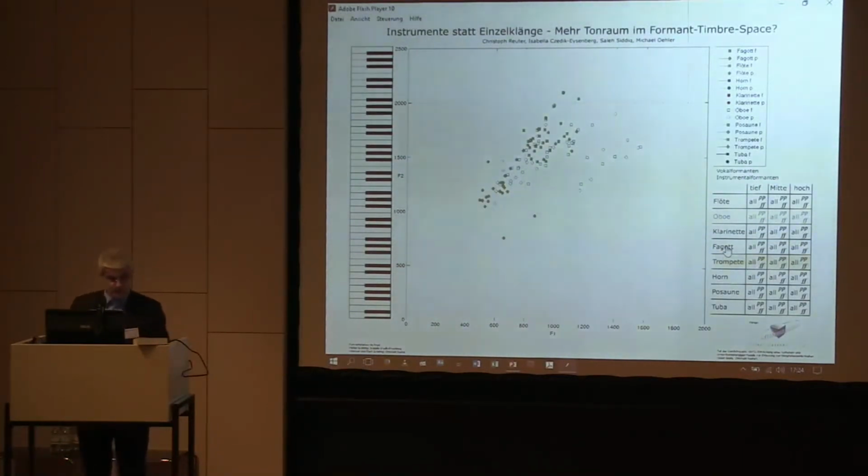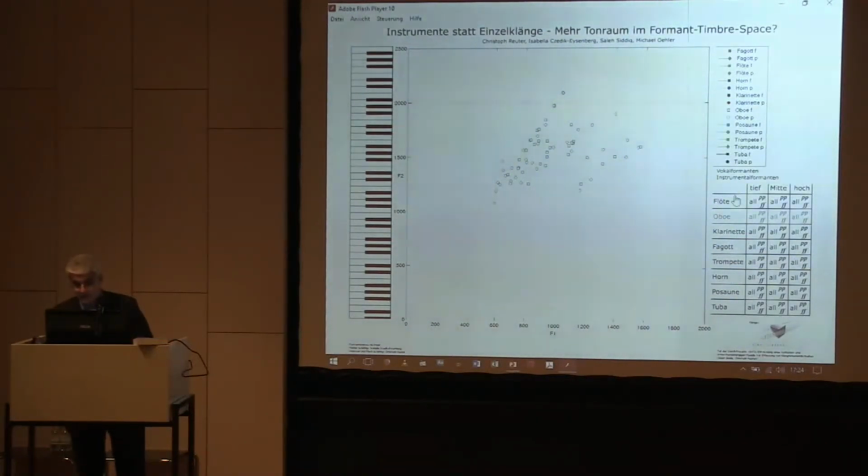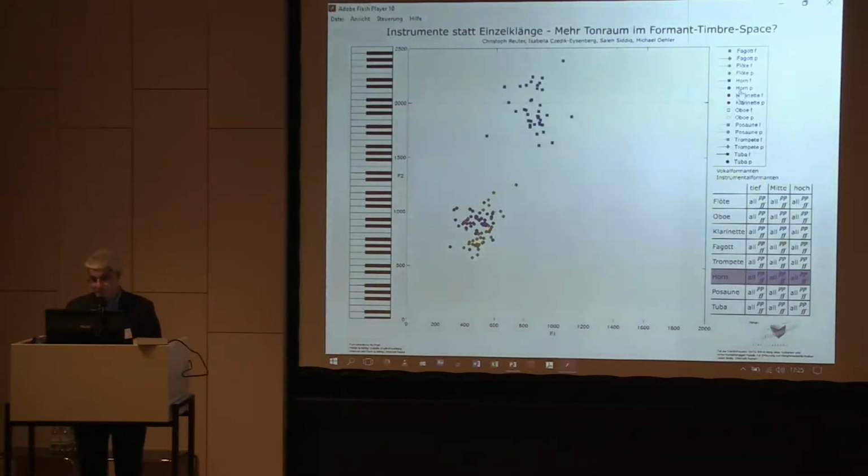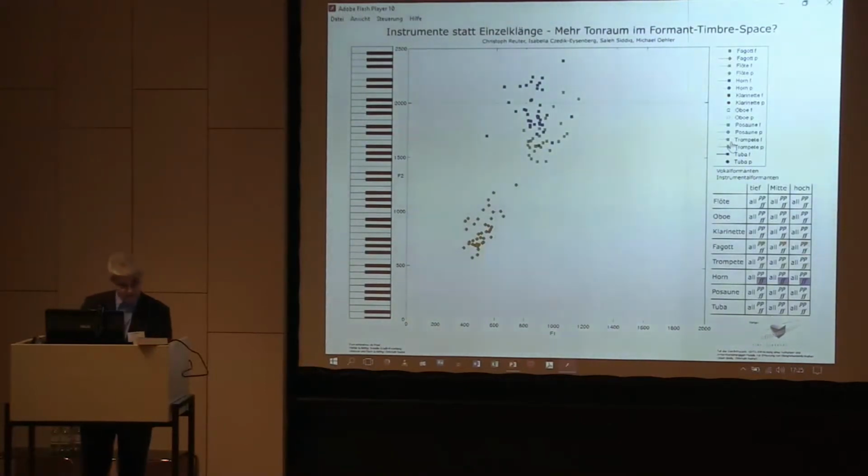Or to show the influence of dynamics on musical instrument timbres, so to get the obvious why: horn in piano is more comparable with a bassoon in piano, and a horn in fortissimo is more comparable to a trumpet in fortissimo.